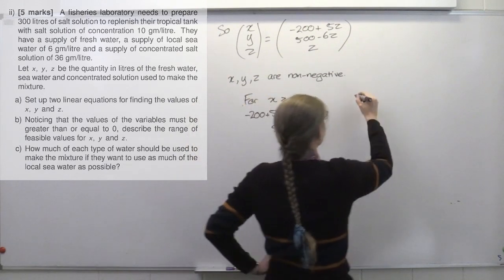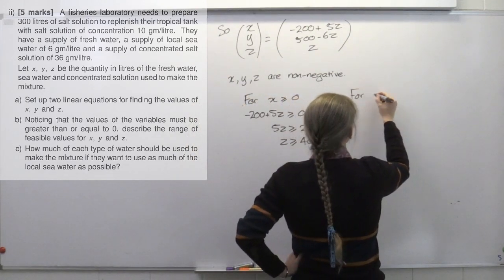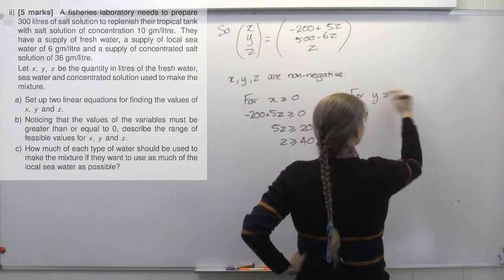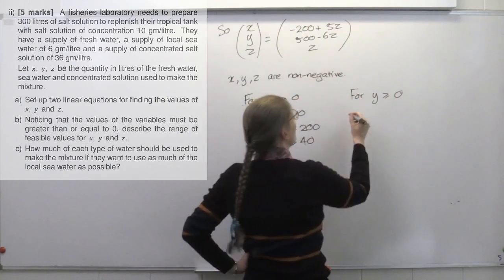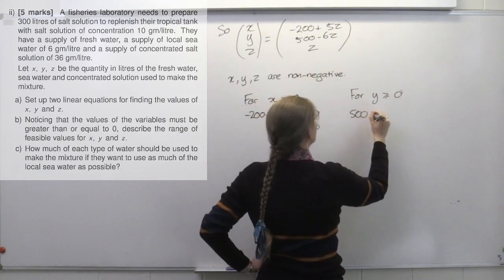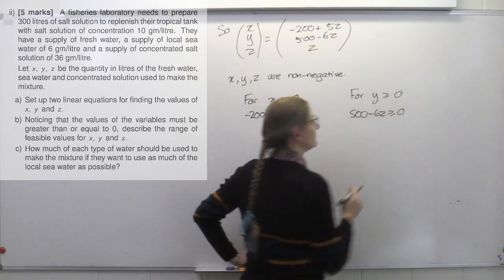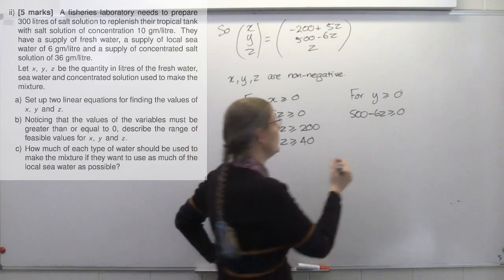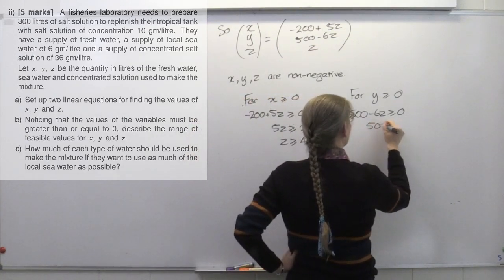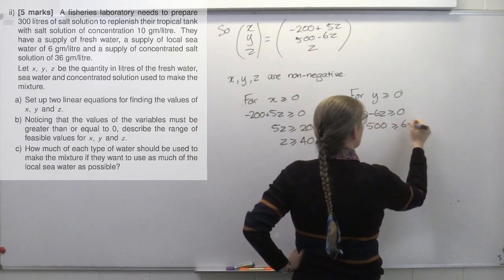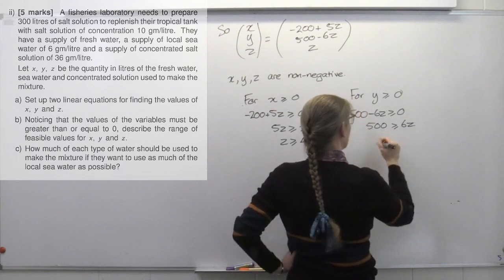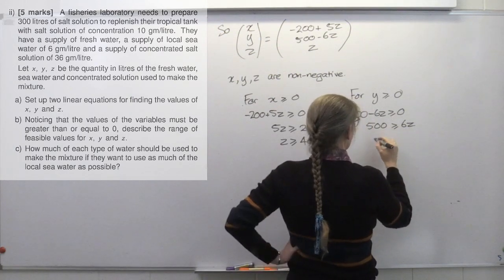All right, so what about for y greater than or equal to 0? That says that 500 minus 6z is greater than or equal to 0. So 500 is greater than or equal to 6z. Okay, so this is not going to be as pretty.